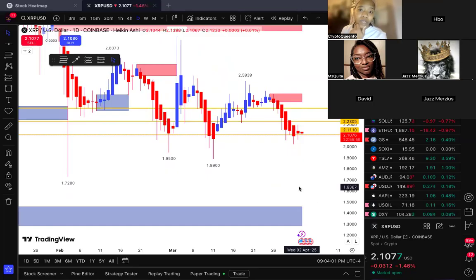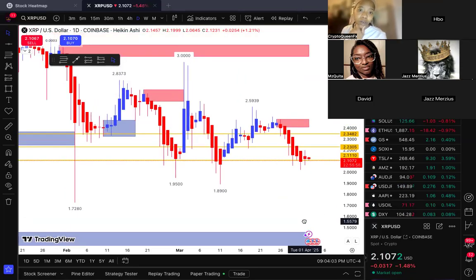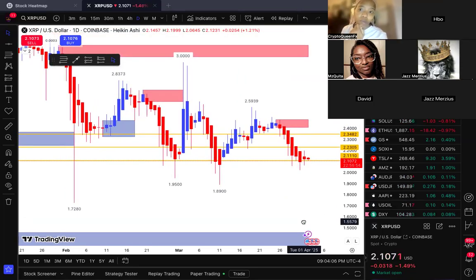Without even marking this up, I can see this is gonna go. They got a lot of private investors and companies backing XRP right now and backing Doge.